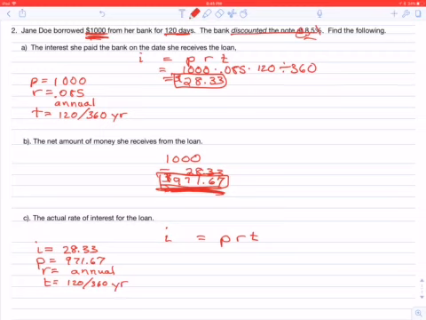All right, so I'll plug in what I know. 28.33 for I, 971.67 for P. R we don't know, that's what we want to find out, so we'll leave that as a variable, and T is 120 over 360. All right, so I'll simplify it.